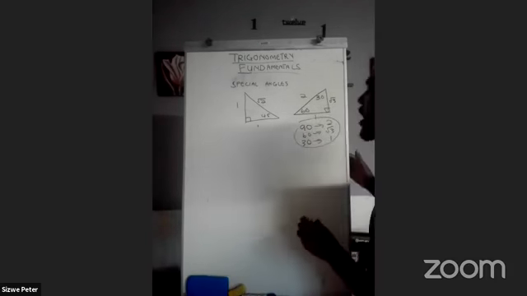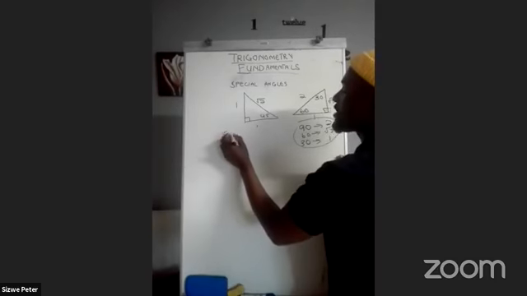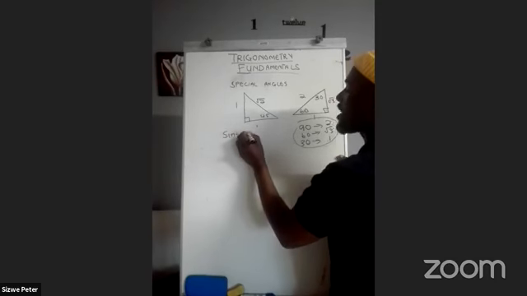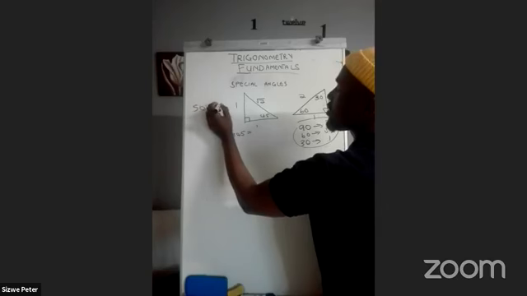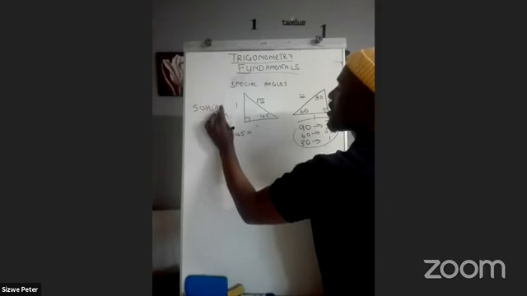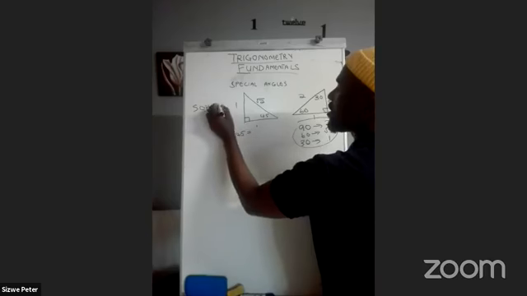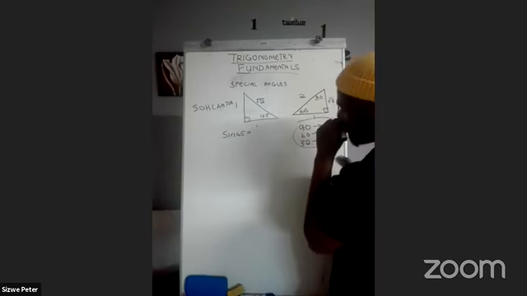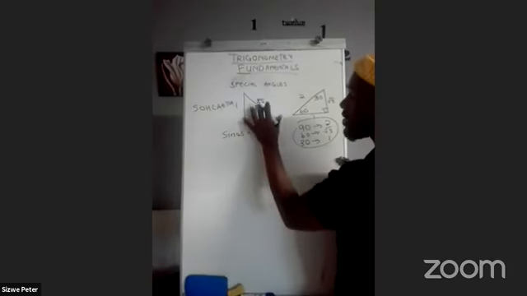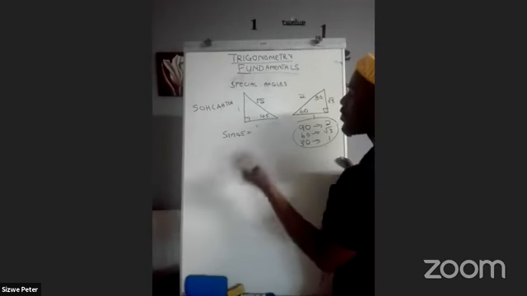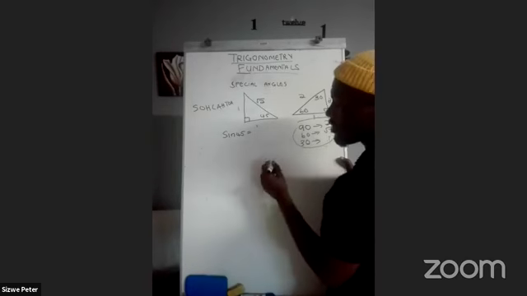Okay, now let's try and find sine 45. What is sine 45? Remember, we have SOHCAHTOA. First, you need to identify here which one is the opposite, which one is the adjacent, which one is the hypotenuse.